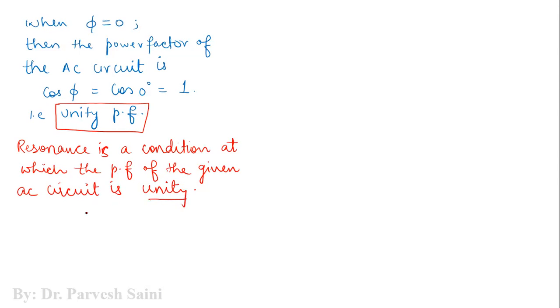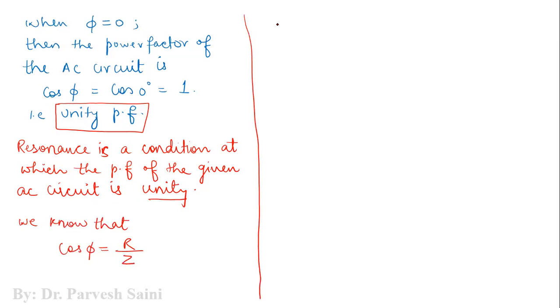Now, let us come to one more thing. We know that cos phi is also equal to R by Z. This we have understood in our previous lectures from the impedance triangle.